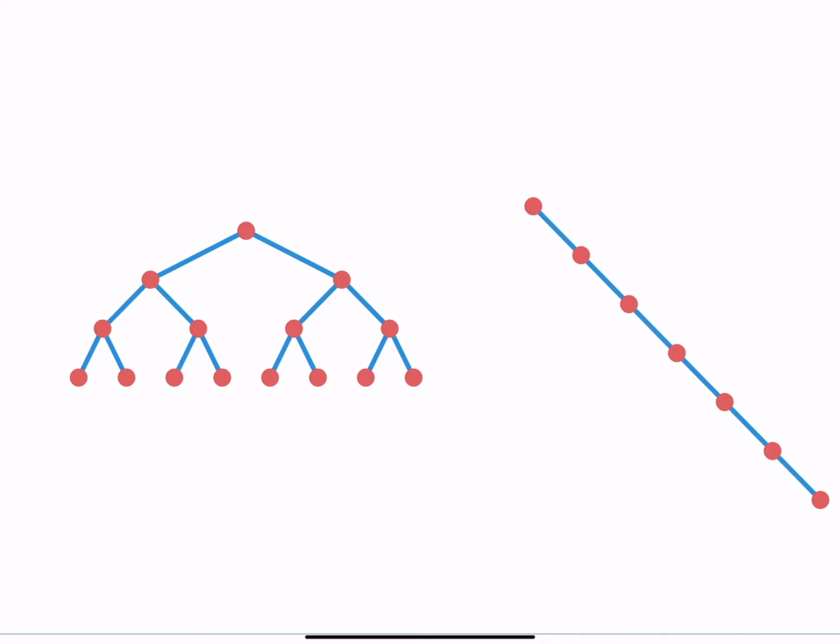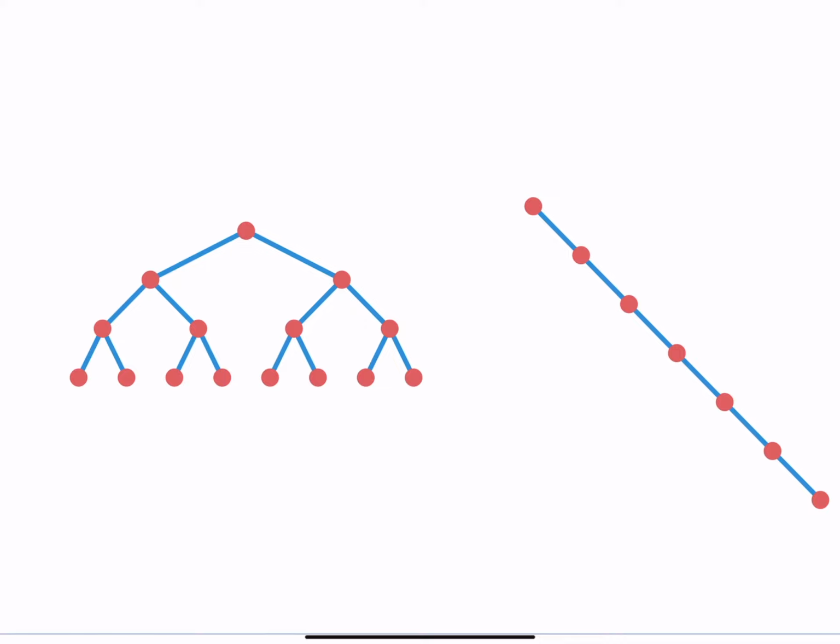Ideally we want balanced search trees so that all these operations that go from top to bottom are relatively fast. The worst case is something like on the right, where all the nodes are just in a line. You have to go all the way down, and it takes time n to search n keys.